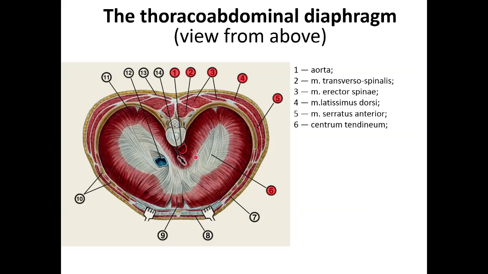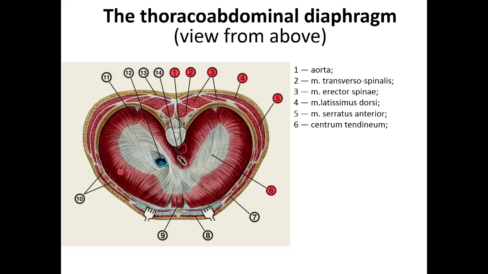You can recognize that it looks like a clover leaf, or maybe the ears of some animal. So, centrum tendinum is the part of the diaphragm on which the heart is placed from the thoracic cavity.